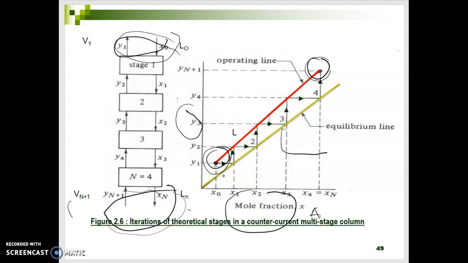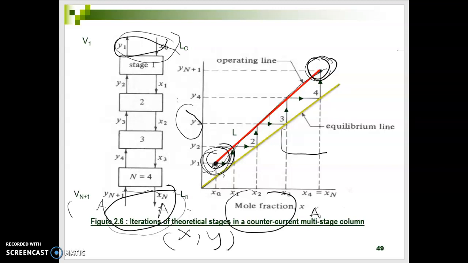The composition that we require is the composition of A. So you need to have your A composition at y n plus 1 and also the composition of x A n. That's how you have your x and y composition for each. After obtaining these compositions, you need to plot the points here at the top and bottom, and make a line connecting the top and bottom.